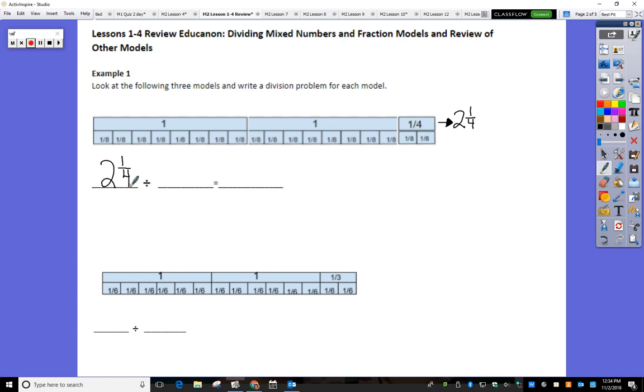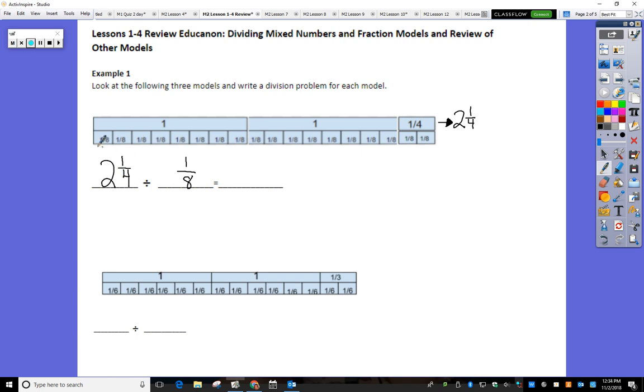That is my dividend. I am splitting my entire 2 and 1/4 up into 1/8 size pieces. Okay, so that means I'm dividing it up into eighths. My answer can be found by counting how many groups of 1/8 are in 2 and 1/4.